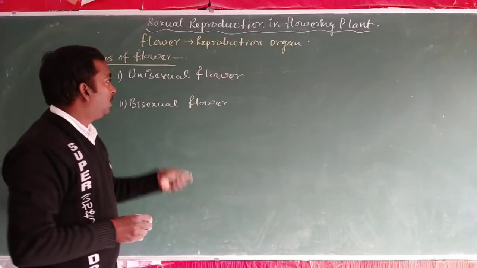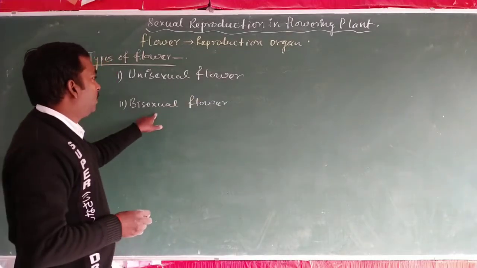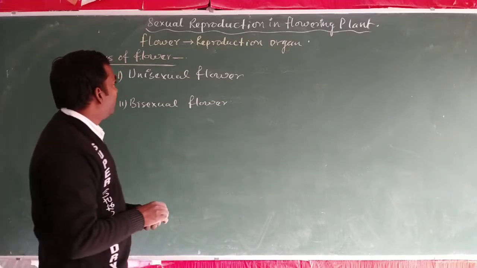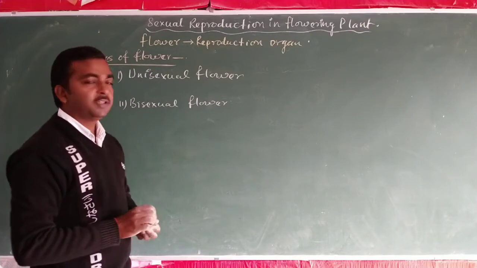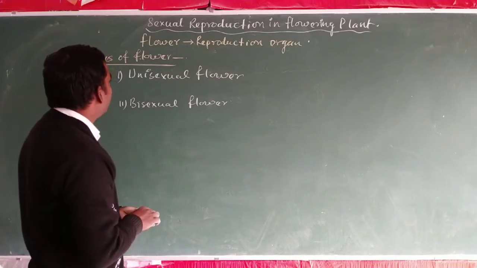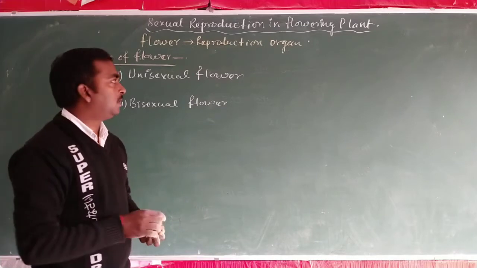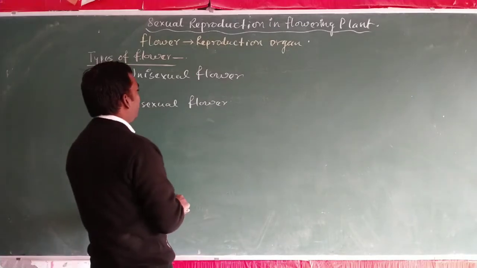Types of flower, that is unisexual flower and bisexual flower. We define these types on the basis of the presence or absence of the essential reproductive organs, that is male and female.